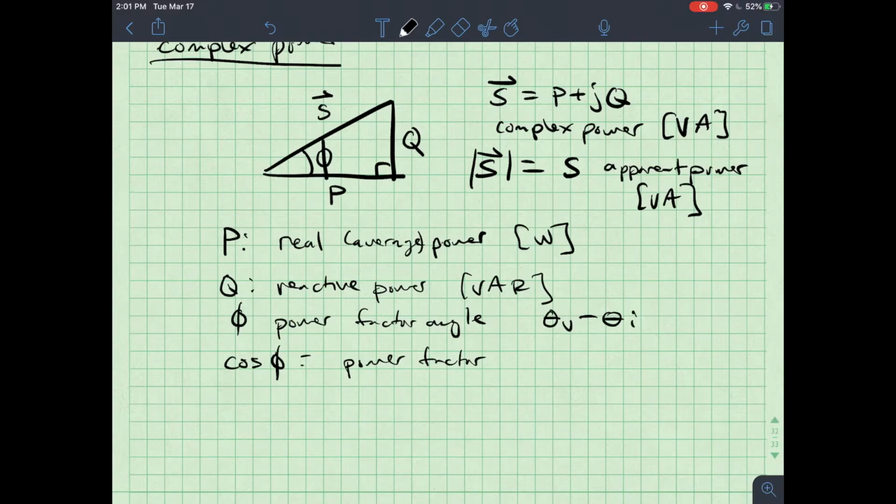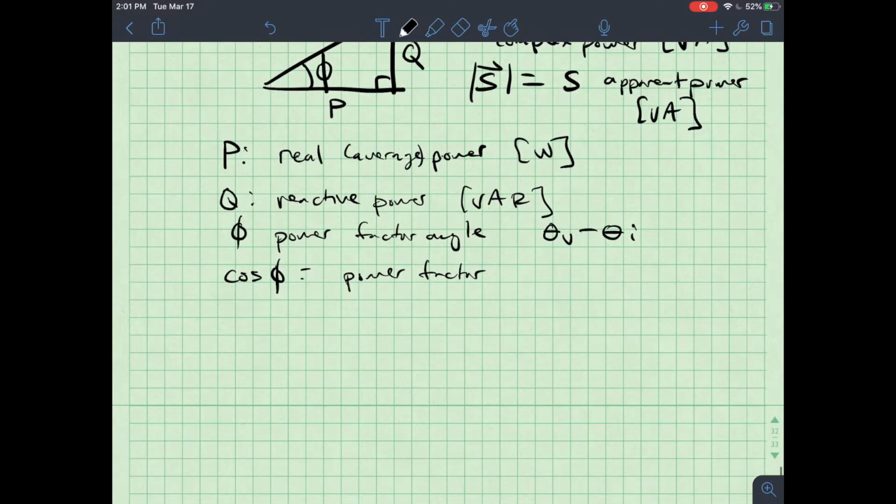Let's hold on for just a minute and talk about how I interpret that. If phi is greater than 0, that means theta V is bigger than theta I. And it also means that I'm inductive or lagging, because it corresponds to having a positive j, which is an inductive piece.